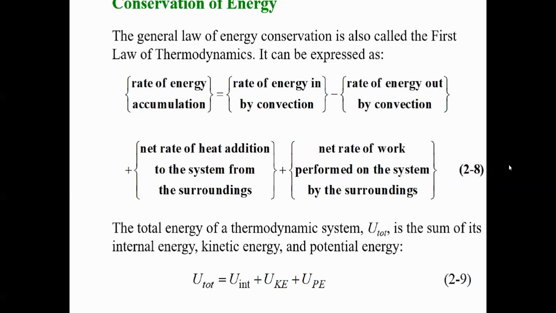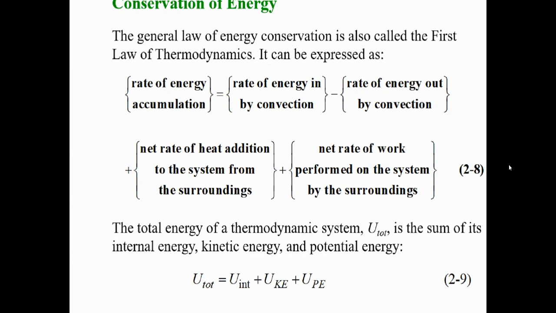With regards to conservation of energy, we are talking about the general law of energy conservation, which is called the first law of thermodynamics. It can be expressed as the rate of energy accumulation equal to the rate of energy in by convection minus the rate of energy out by convection plus the net rate of heat addition to the system from the surroundings plus the net rate of work performed on the system by the surroundings.